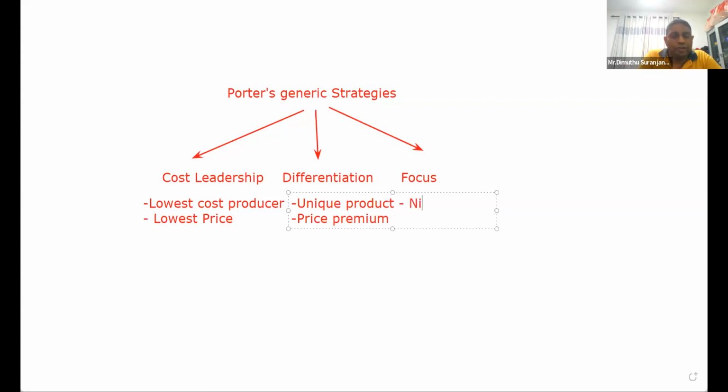Then with the focus strategy, we cover a niche market. Here we can apply either cost focus or differentiation focus strategy. Cost leadership or differentiation, either strategy can be applied within a focus.